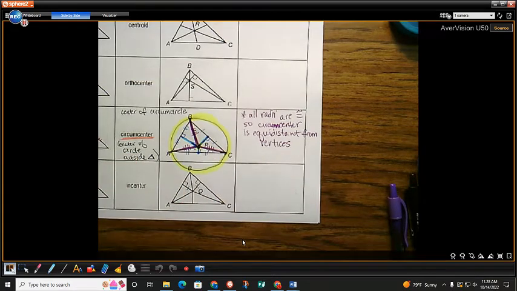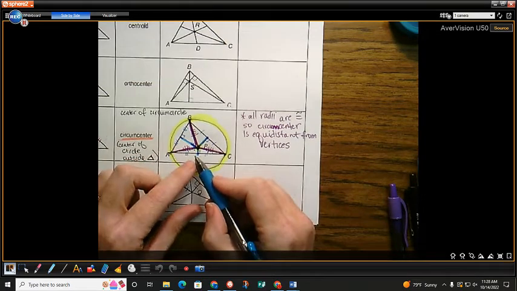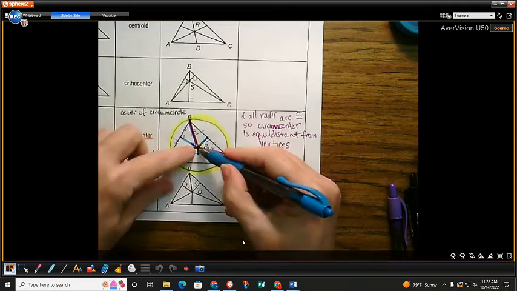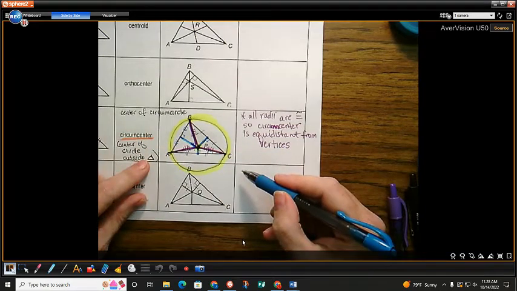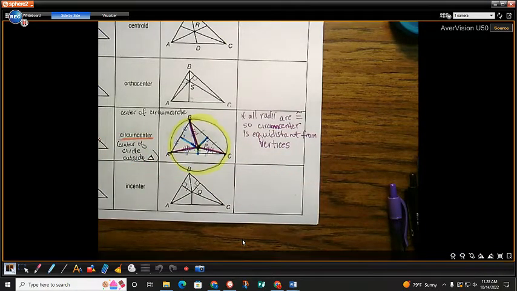So it's interesting. The perpendicular bisectors meet and make these radii equal. It makes a different set of lines become congruent, which is mind-blowing, but that kind of stuff happens in math all the time, where one set of things happening makes another set of things true.